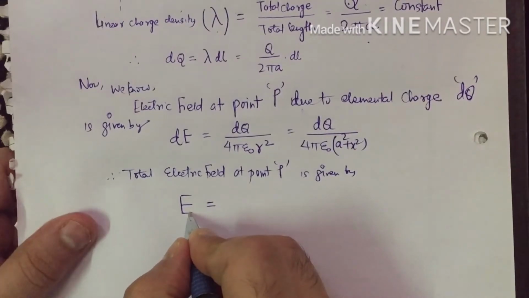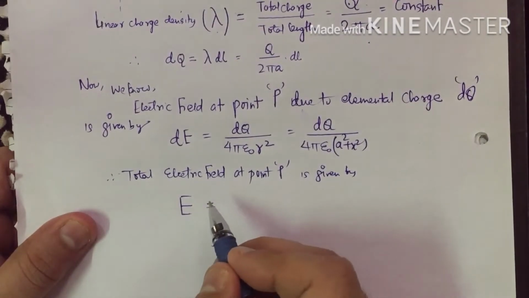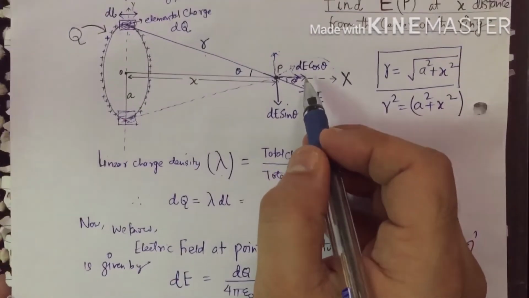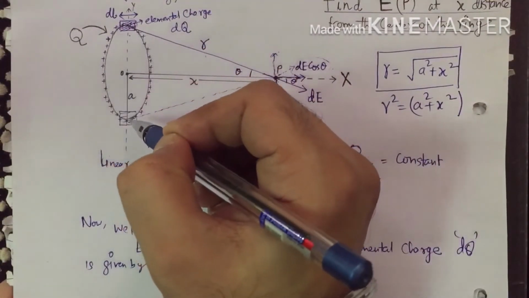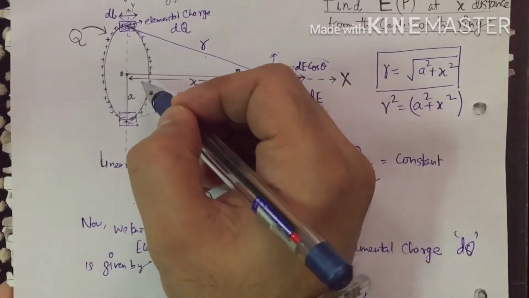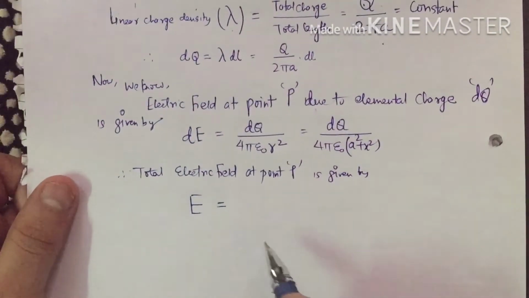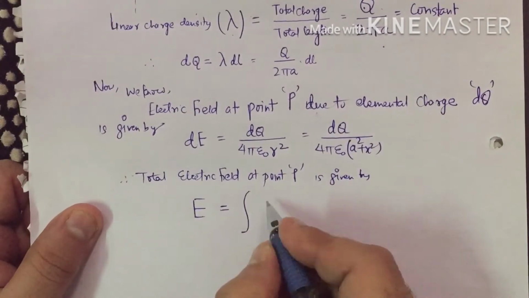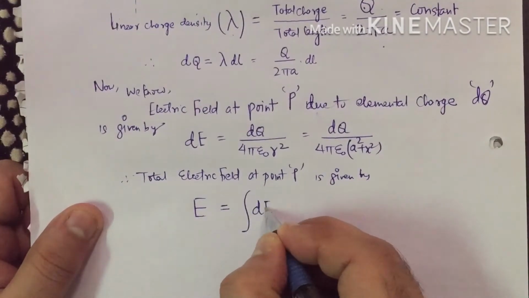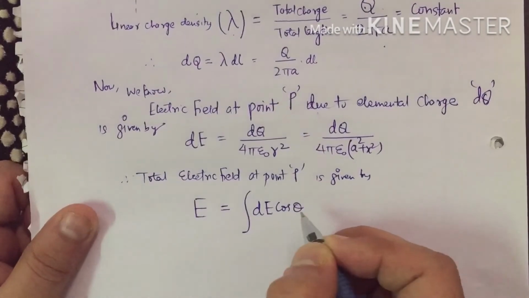What we need to do, we have to add all the cosine components due to all the elemental charges considered on the ring. For that, we have to integrate dE cos theta.